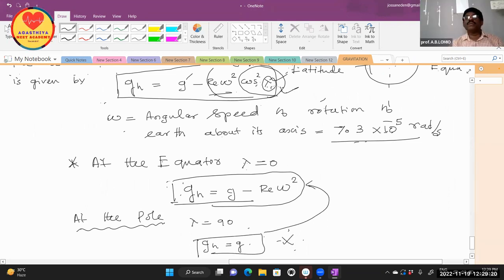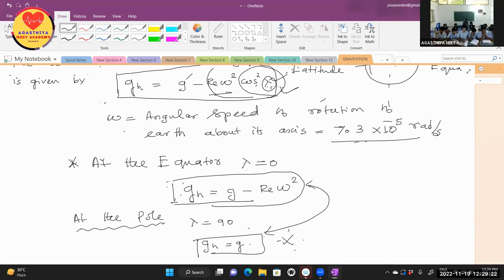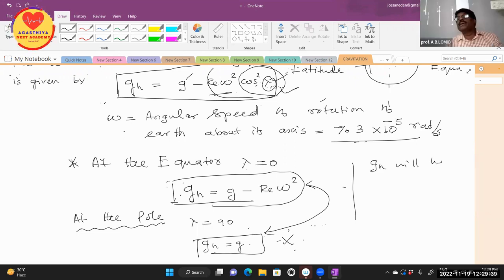Comparing these two values at the equator and the pole, which one is greater? At the pole, g h will be maximum, important point.